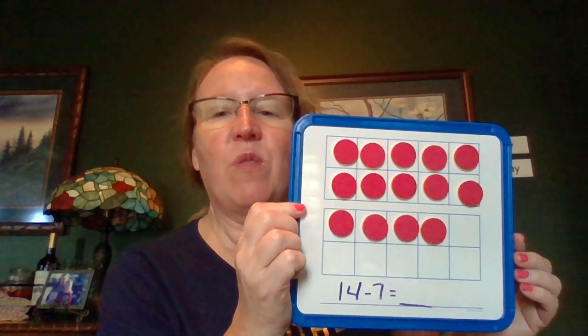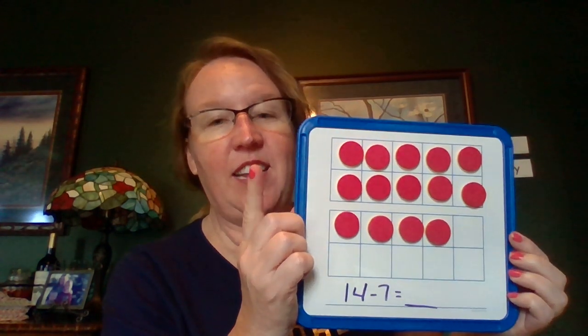All right. So right here, if I want to make a 10, again, I've got 10 up here. Here's my 10. So let's take away these 4. So I've got 14 minus 4 equals 10. All right. But am I taking away 4? Is that my problem? Now 7.